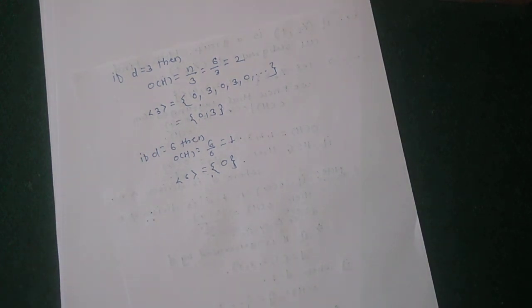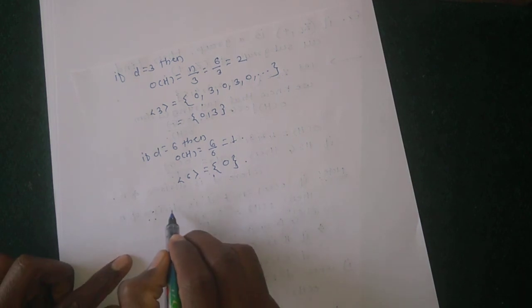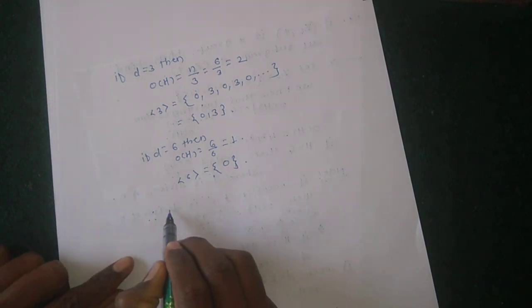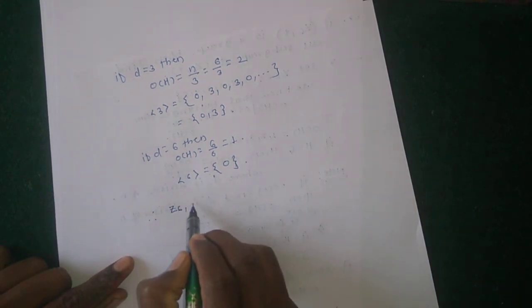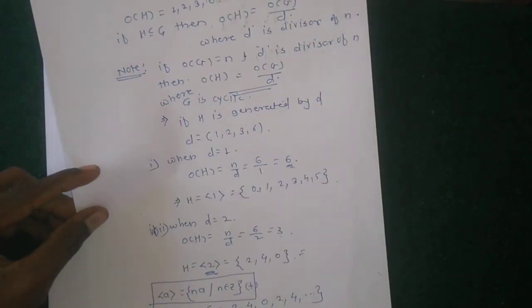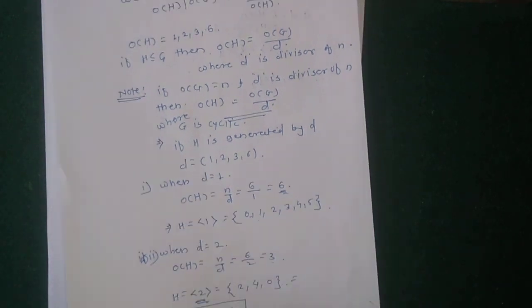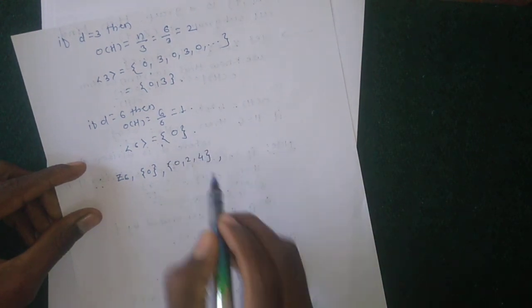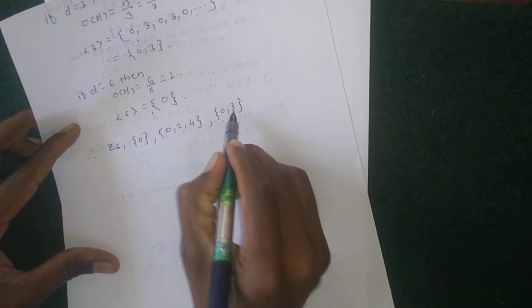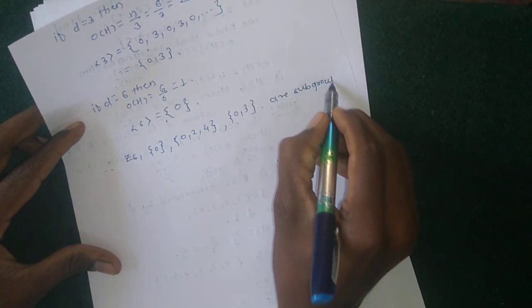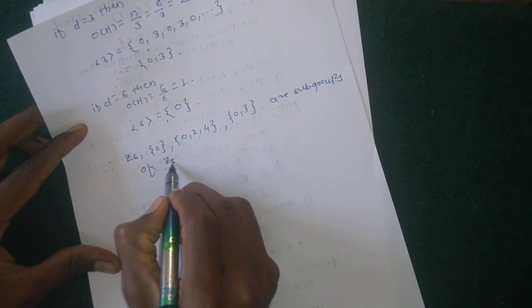Therefore the subgroups of Z6 are Z6 itself, the singleton identity, the subgroup 0, 2, 4, and the subgroup 0, 3. These are the 4 subgroups of Z6.